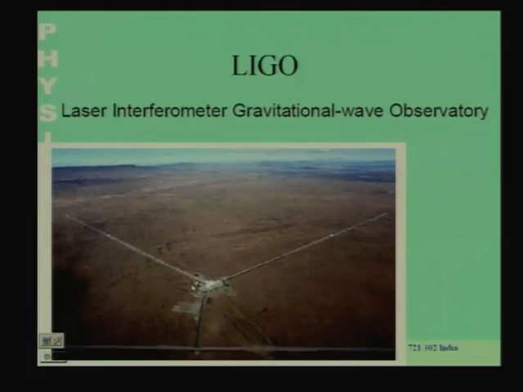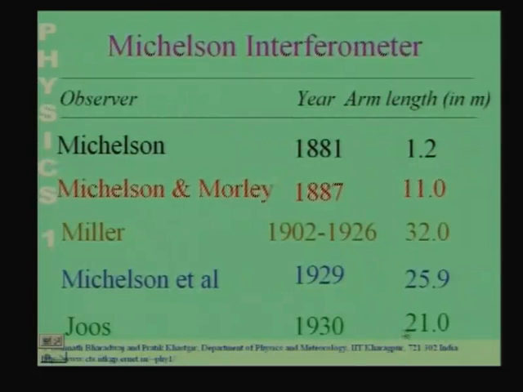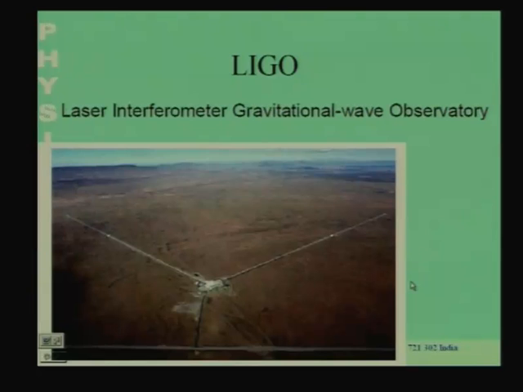It is a Michelson interferometer which has 2 arms, as we have studied, and the arm lengths are 4 kilometers, much larger than the arm lengths you see over here, 20 meters, 21 meters, etc.